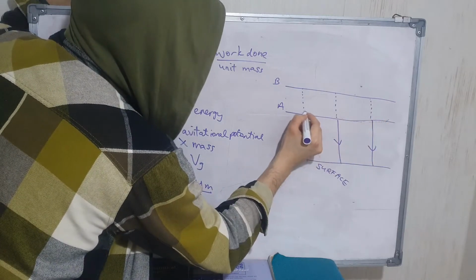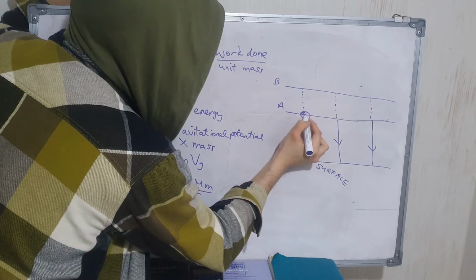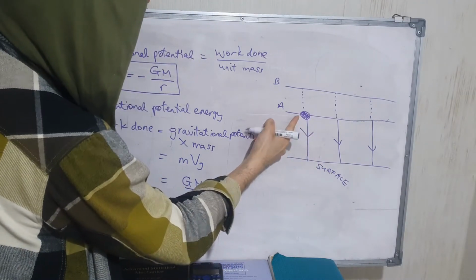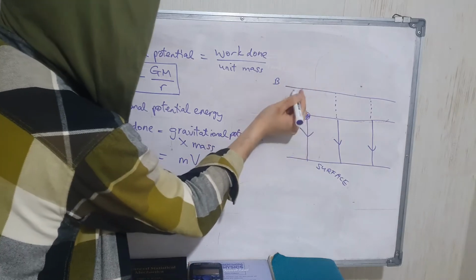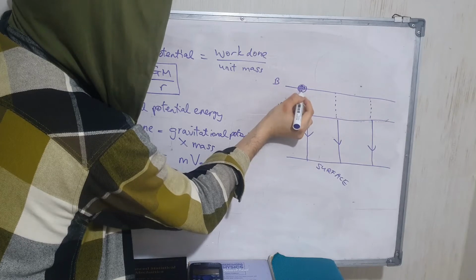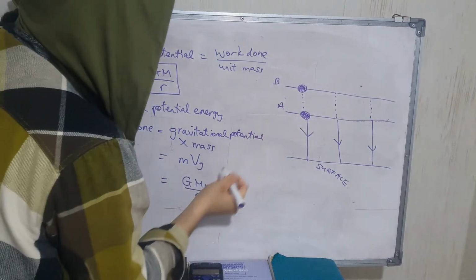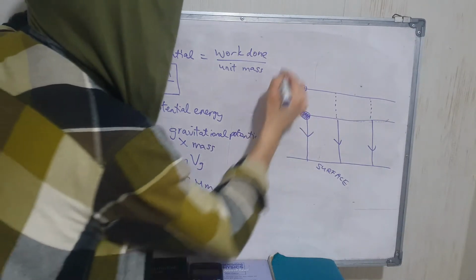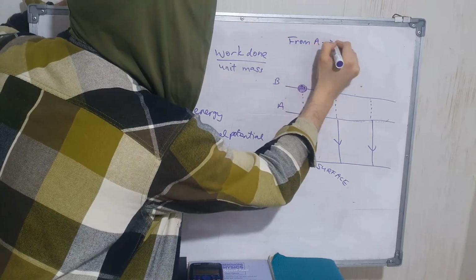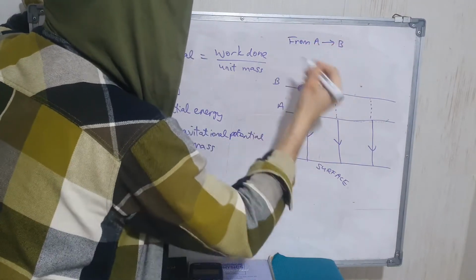Suppose you move an object. So this is the object at level A, and you're moving the object to level B. Because you're moving against the gravitational field, you are doing the work. So from A to B, you're doing the work.